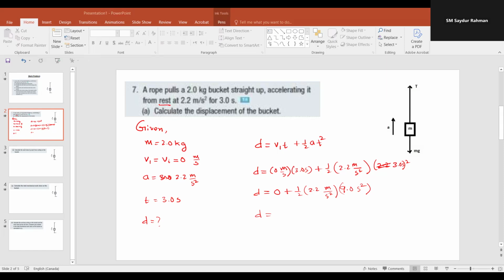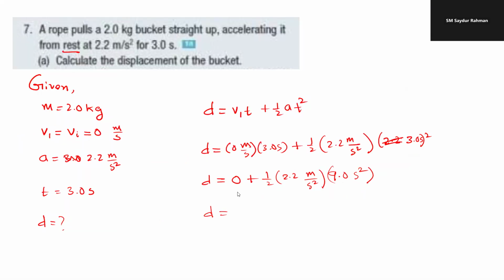So your distance is, let's go back to my PowerPoint again. Okay, so your answer is 9.9 meter. And 9.9 is in two significant digits, so I will keep 9.9 meter. So that's your first part A.